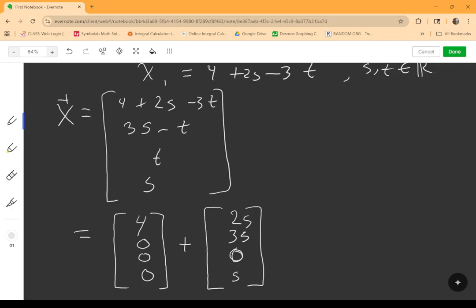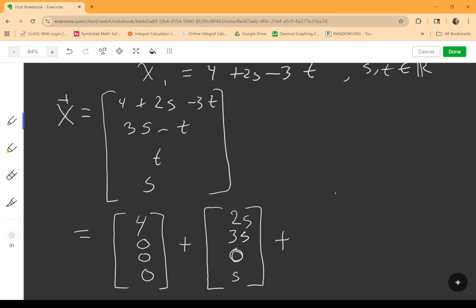Right? Now, one thing to notice here is that s is the parameter for x4, right? So notice that the other free variable, x3, will not be dependent on s. Hence, we can see there's a 0 there, right? And vice versa, as we'll see here.